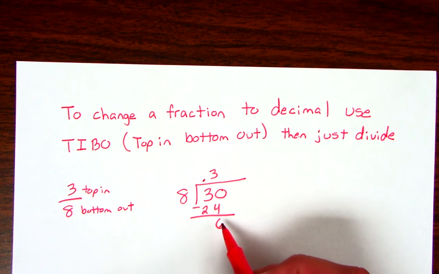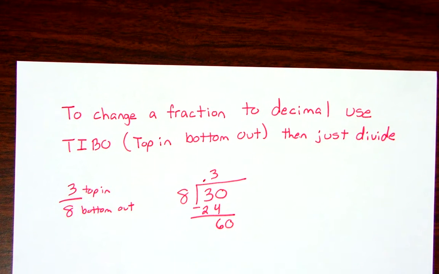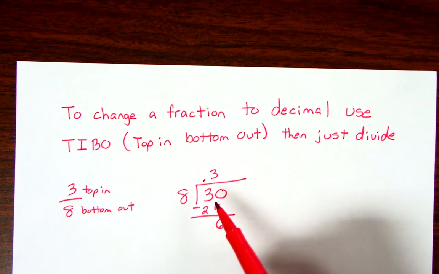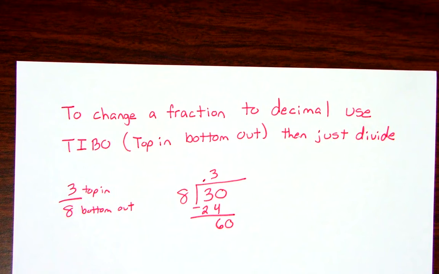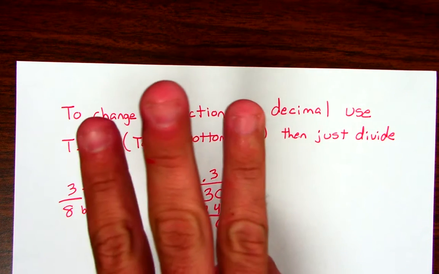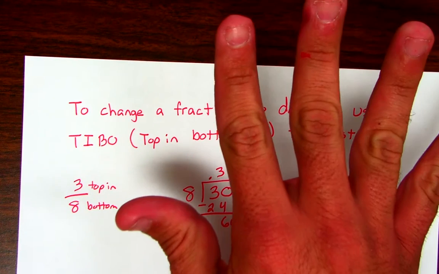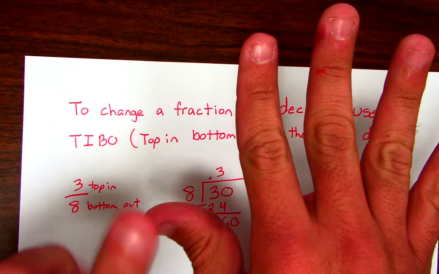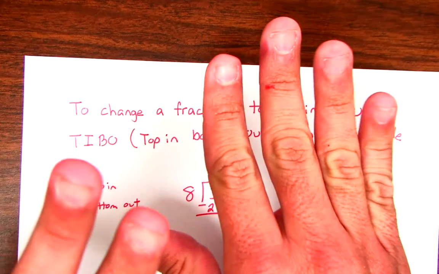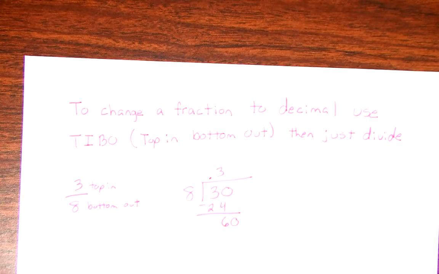Can 8 go into 6? No. But since I have a remainder, you have to put the 0 back here. How many times can 8 go into 60? 8, 16, 24, 32, 40, 48, 56. Looks like 7 fingers there.